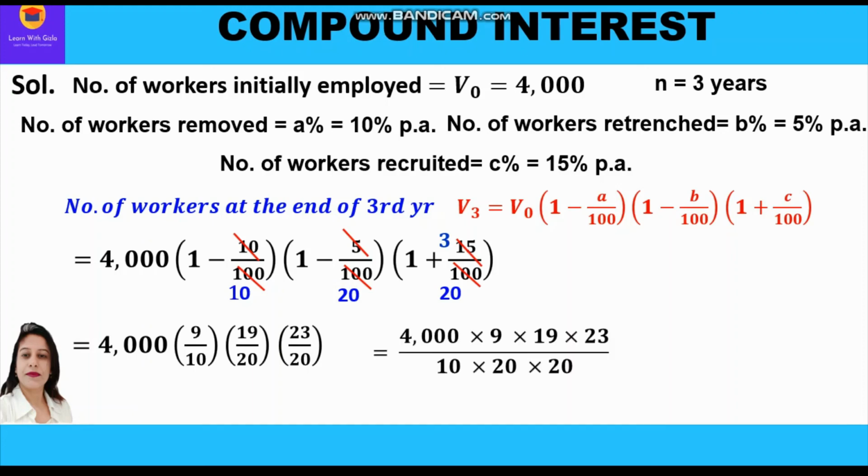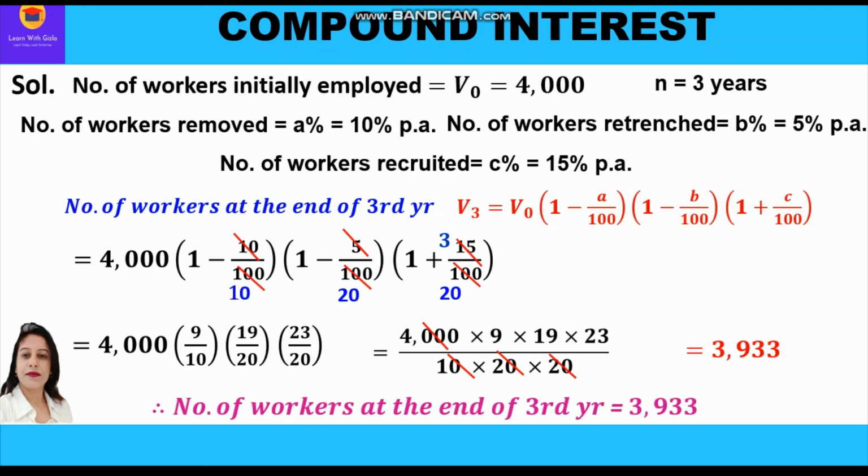So we can expand it and write 4,000 into 9 into 19 into 23 upon 10 into 20 into 20. Now further 4,000 will get cancelled with 10 into 20 into 20, and when we multiply 9 into 19 into 23, we will get 3,933 as the number of workers at the end of third year.